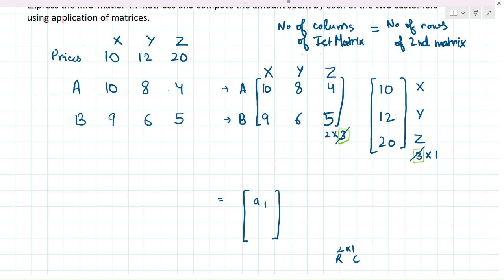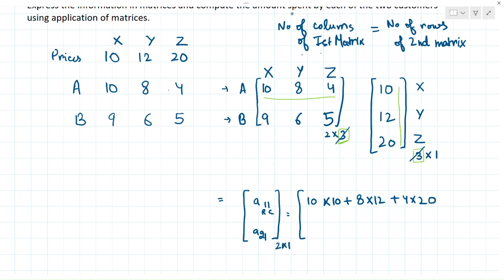So it will be A11 and A21. अब तुम कहोगे मैम इसका मतलब क्या है? A11 का मतलब ये है कि फर्स्ट रो जो है फर्स्ट कॉलम से मल्टीप्लाई होगी. So this row will get multiplied by this column. So you will be getting 10 into 10 plus 8 into 12 plus 4 into 20.